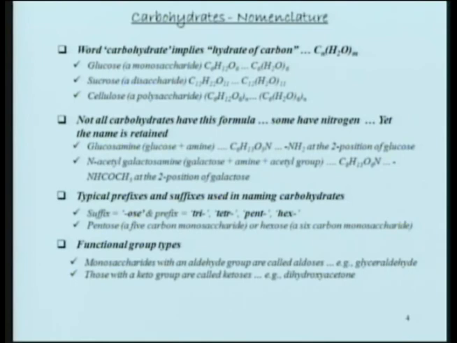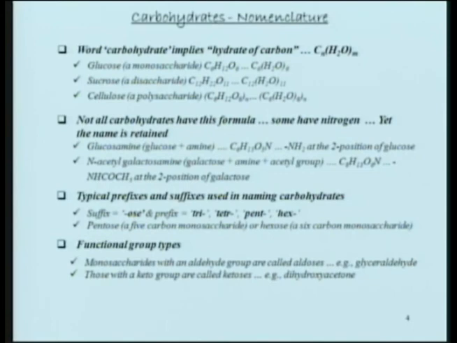We now know it as glucosamine. Likewise, you might have N-acetyl-galactosamine, where galactose is the base carbohydrate. Then we have an amine, and that amine has an acetyl group as a substituent.